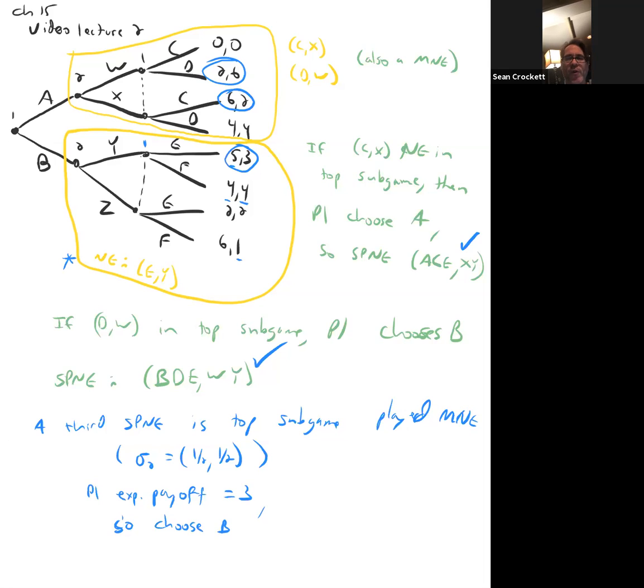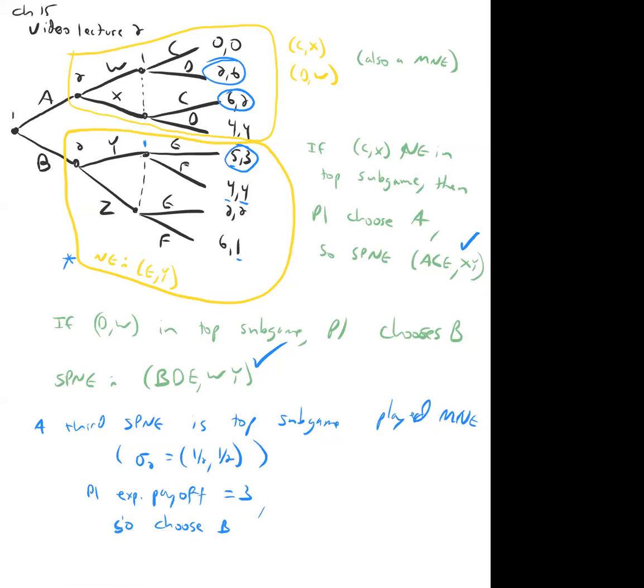Similarly for CX: if player one picks C, player two should pick X because 2 is bigger than 0. But if player two picks X, then indeed player one should pick C. So those are both equilibria. Does that answer the question? Yes, thank you.